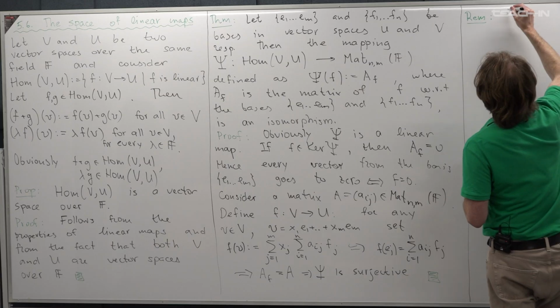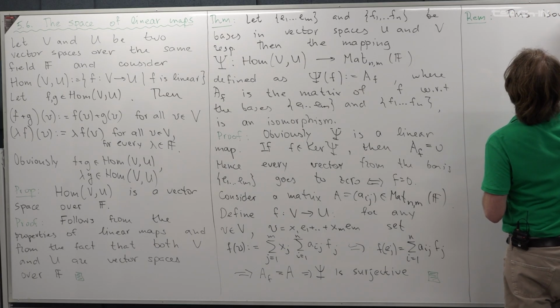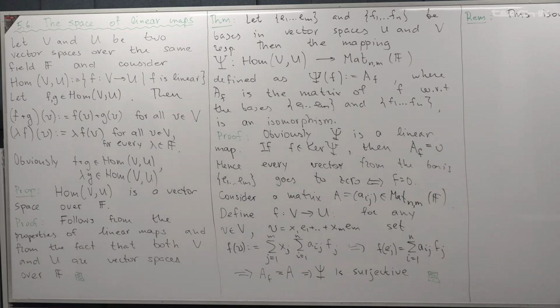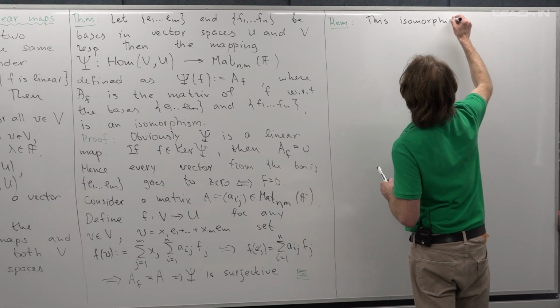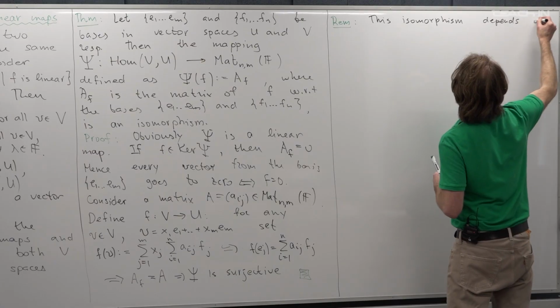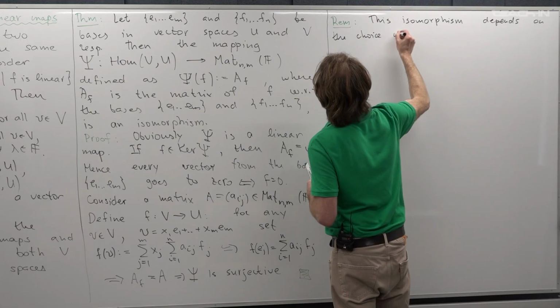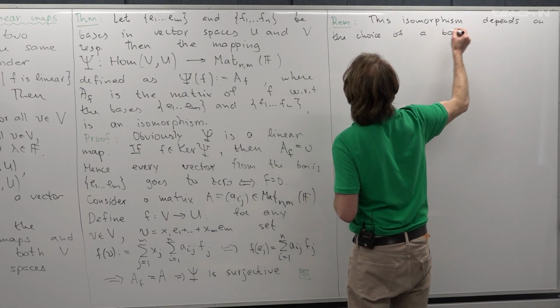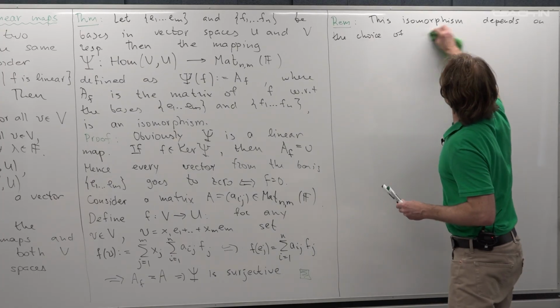This isomorphism depends on the choice of a basis, or better to say on the choice of bases, because we have two different bases in two different spaces.